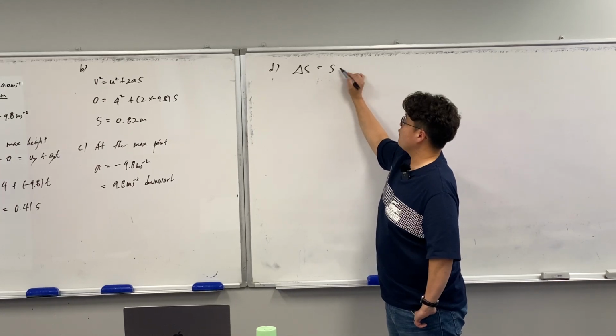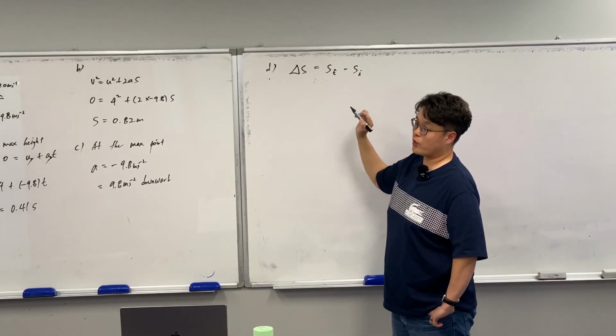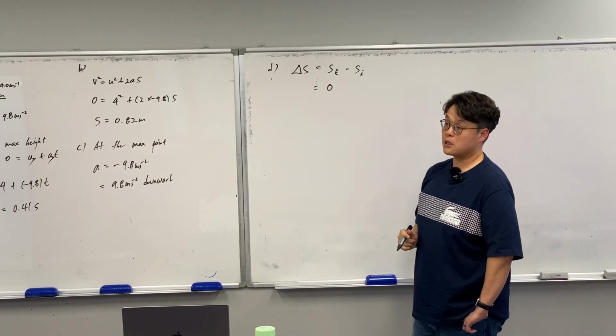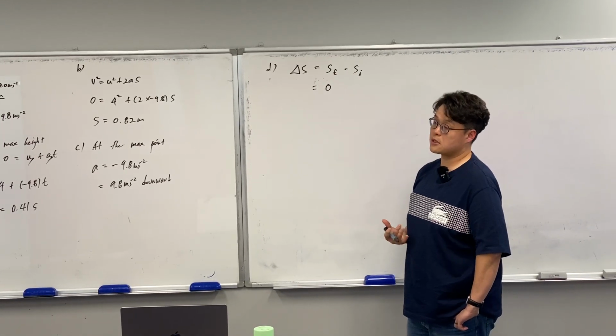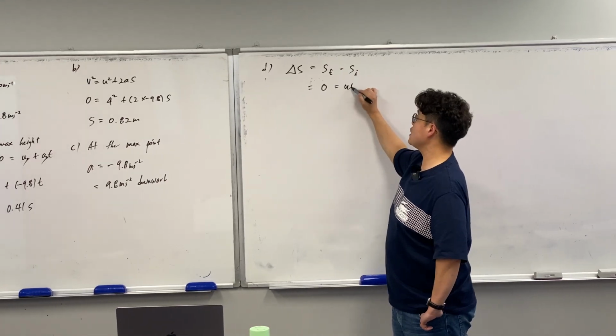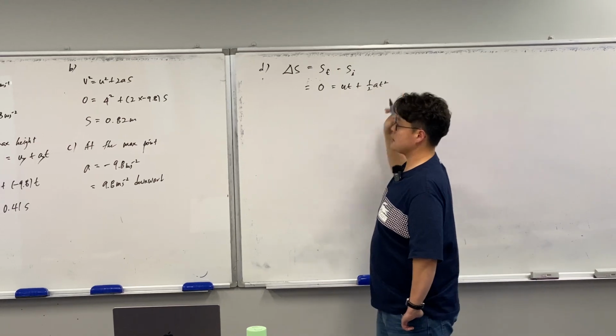It always means the final position minus the initial position. In this case, we know that will be 0 because it's coming back to the same starting point. So s equals ut plus half at squared here like this.